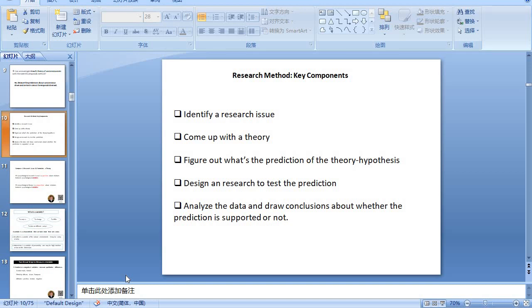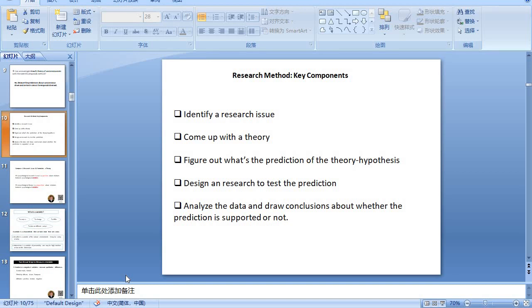How do I test my theory? Remember, we cannot test whether a theory is true or not. We cannot prove a theory is true once and for all, but we can test a hypothesis derived from a theory. If the hypothesis, which is a specific prediction based on the theory, gets supported, we say the theory receives empirical support.